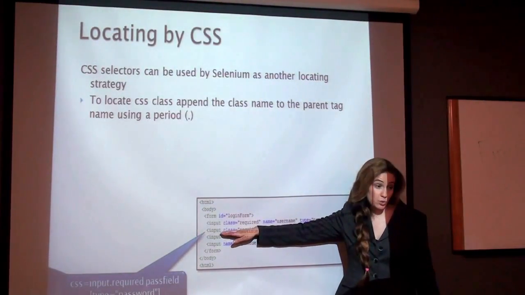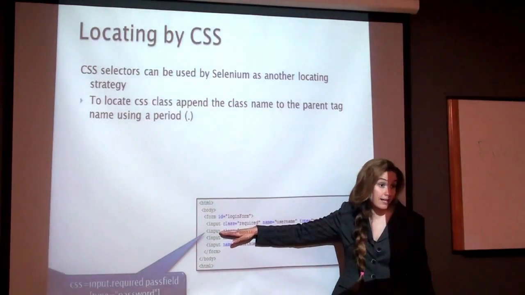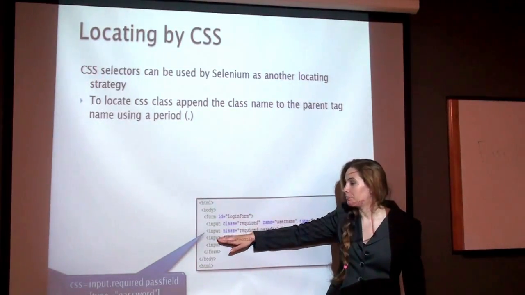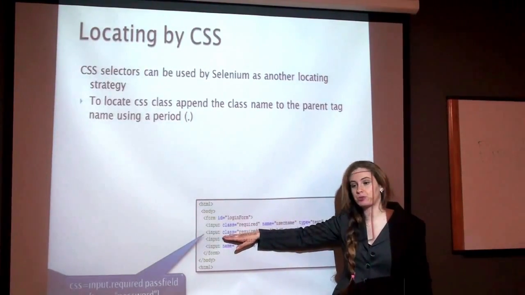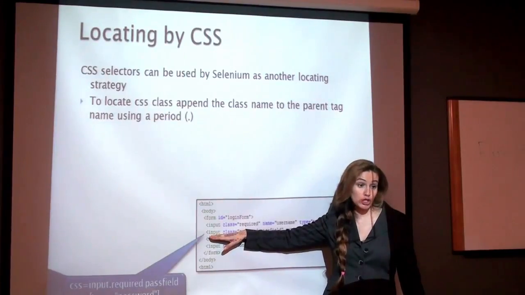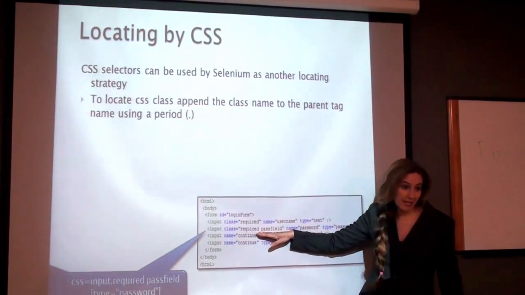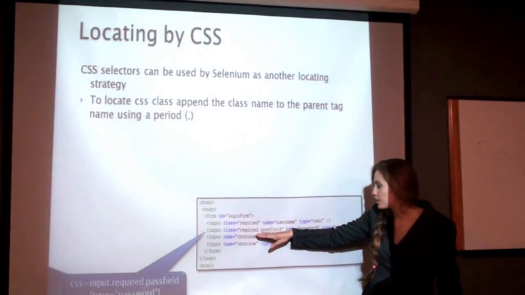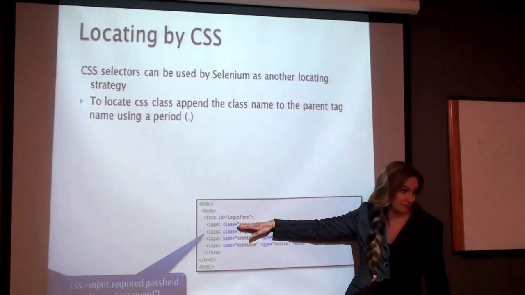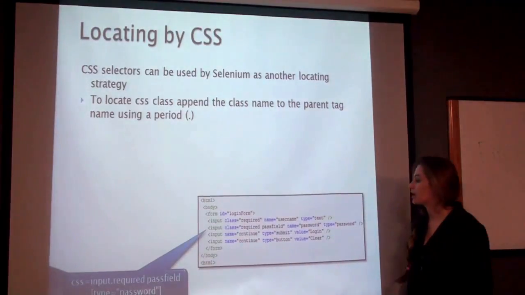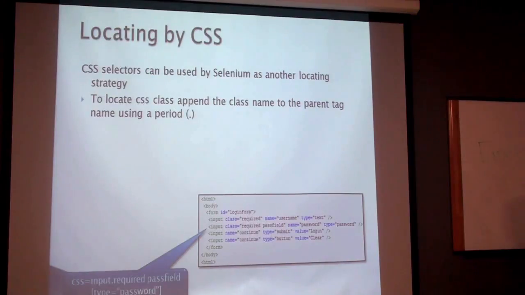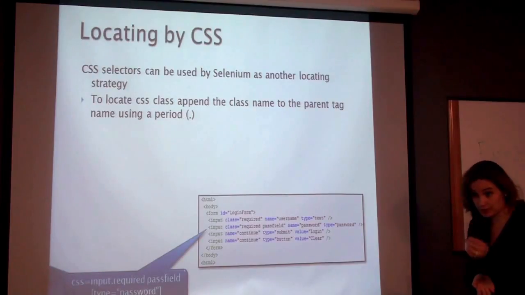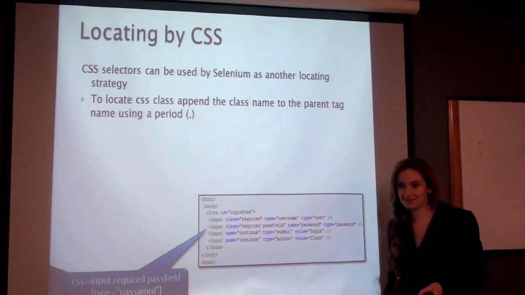And we want to identify this element using its class. How would we do that? What's the parent tag? Input. The tag that contains this attribute is input. So you would say input dot required pass field, or in this case, just required. You don't have to say class equals, you can just put dot. It's so common for CSS that there's a shortcut, and it assumes you mean the class value.